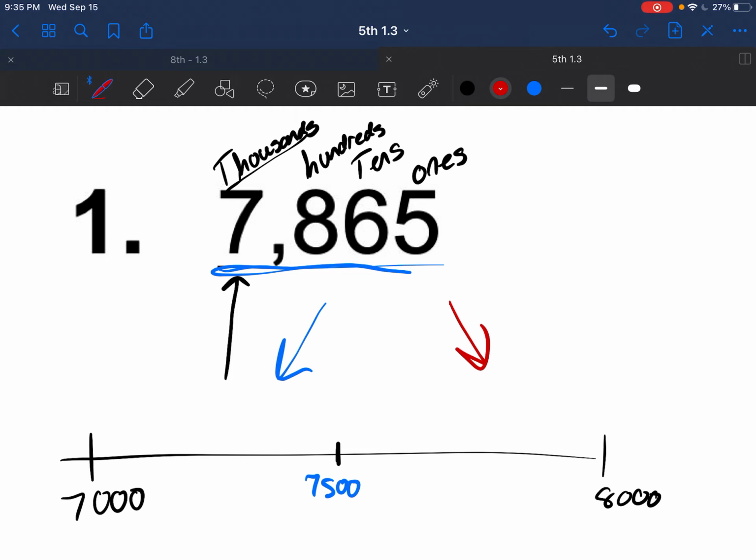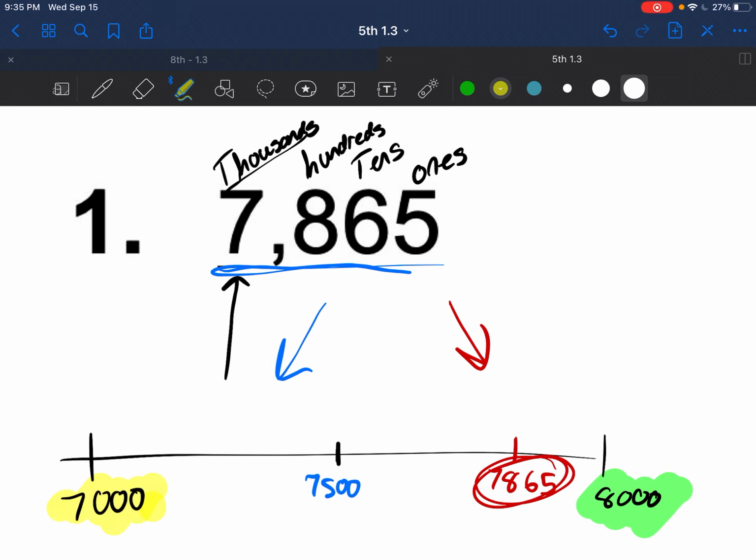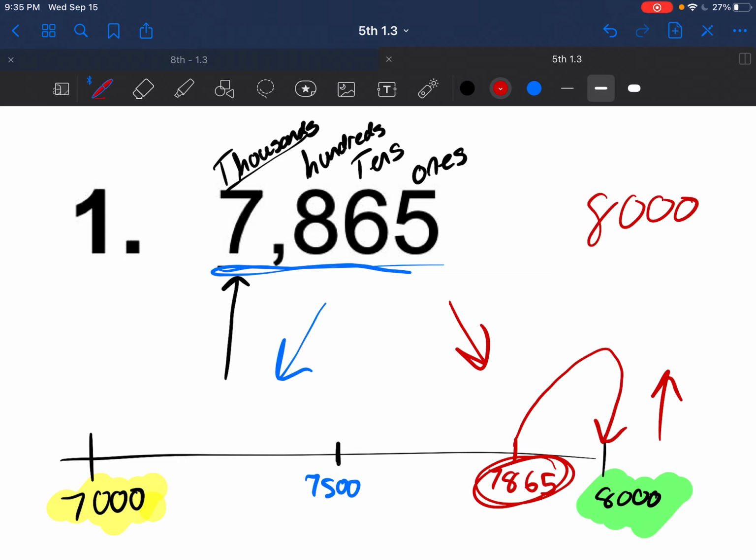It'd probably go somewhere right around here, like 7,865. So let's ask that question. Is this number closer to the green, or is it closer to the yellow? You know, just by looking at it, you're like, oh man, it's really close to the green one. So that means we're going to round this number up. We're going to round it to the nearest thousand. So the next nearest thousand would be 8,000.